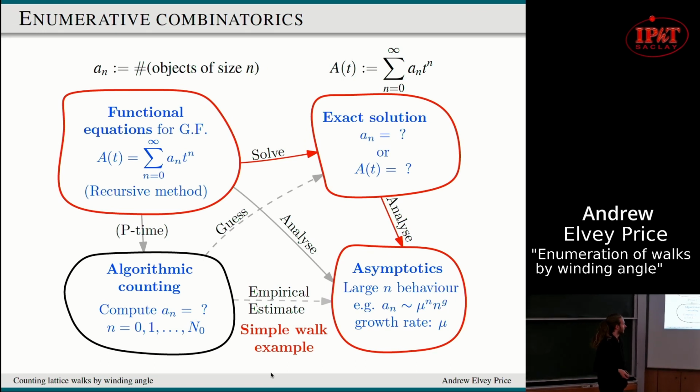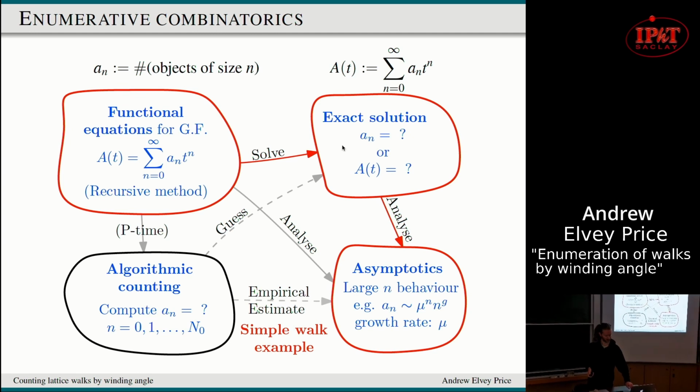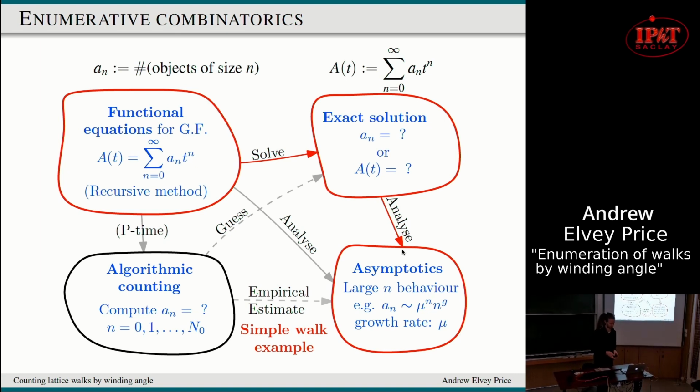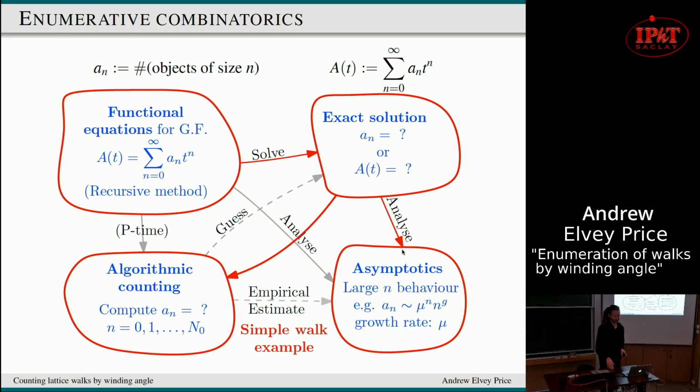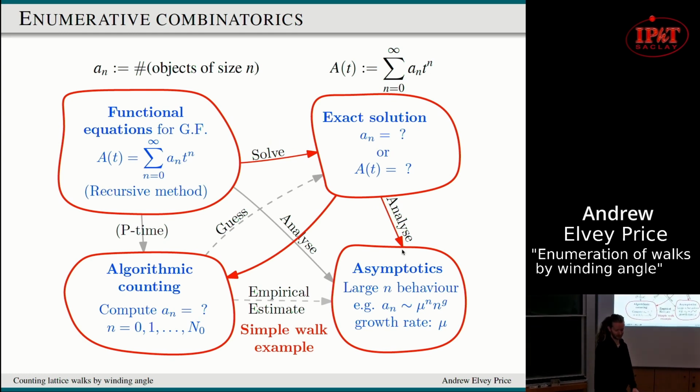Okay, so just to summarize that warm-up example, we wrote functional equations, or equivalently a recursion, which we solved to get an exact solution, and then we can analyze the exact solution to get asymptotic information. We can also calculate exactly values in the sequence from the exact solution.